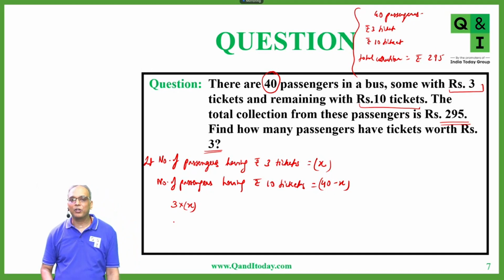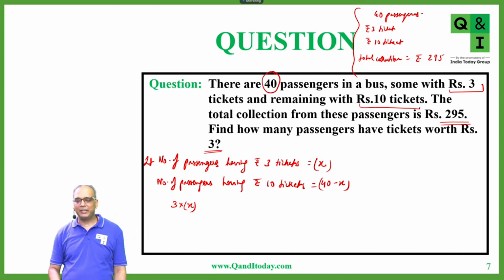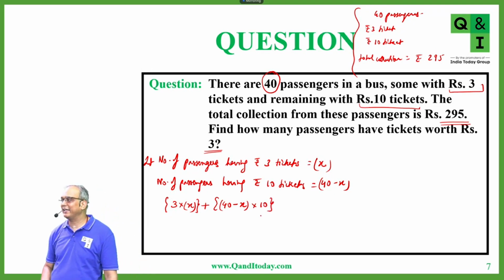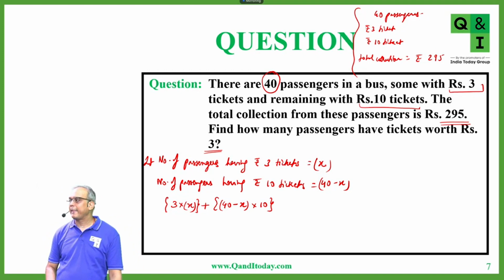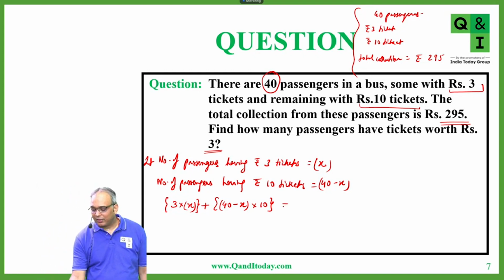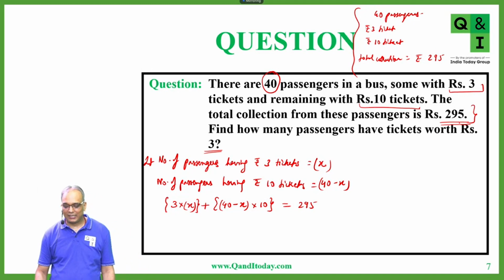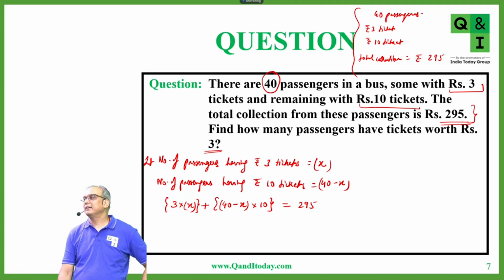Plus, the number of passengers who bought the 10 rupee ticket is 40 minus x, and the value of each ticket is 10, so the amount collected there is 40 minus x into 10. When you add these together, you get the total amount the conductor receives after selling these tickets. Is this equation clear, and could you relate to how to make it?